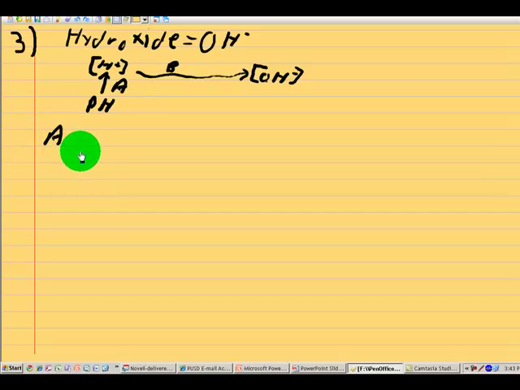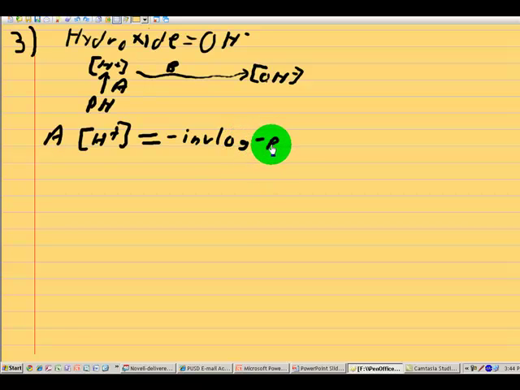So when you go from the pH to the concentration of the H plus, the equation says that the H plus concentration is equal to the inverse log of the negative pH.